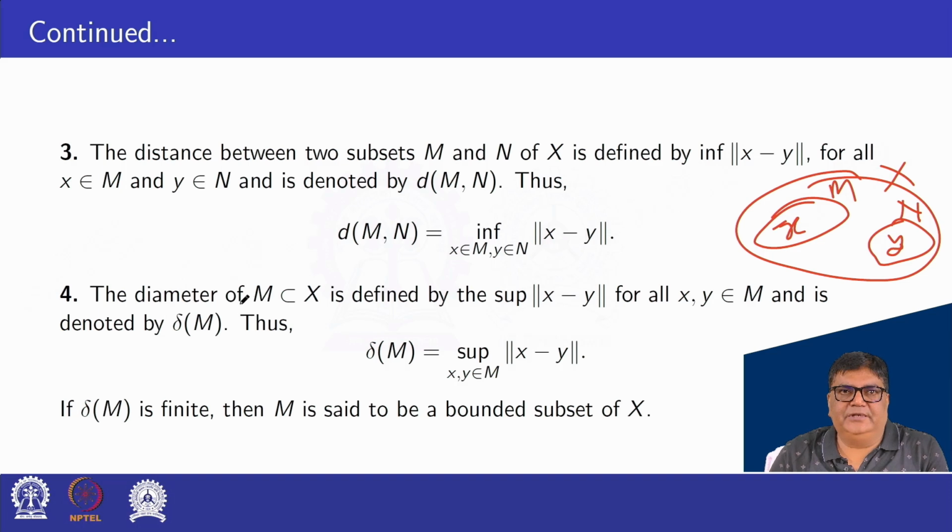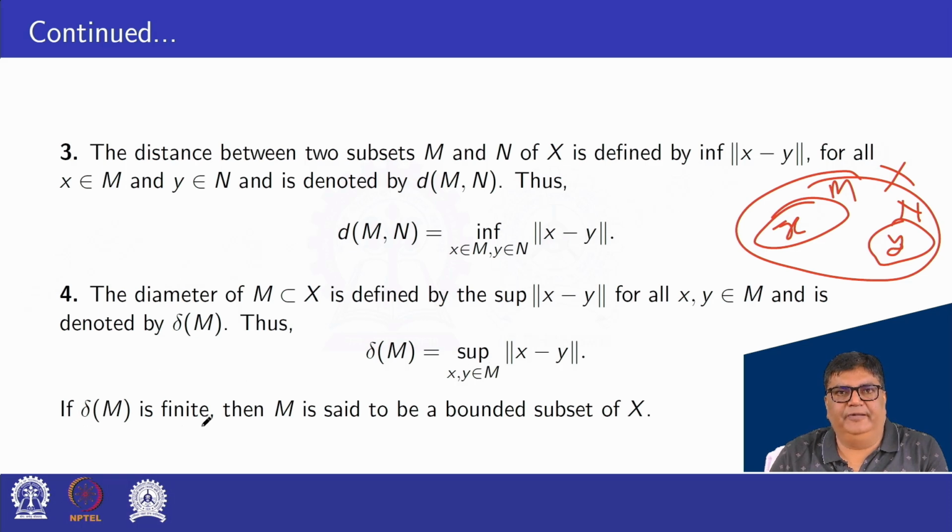The diameter of the subset M of X is defined by the supremum of norm x minus y for all x, y belonging to M. Then the diameter is the supremum over x, y belonging to M of norm x minus y. Here, supremum. Okay.